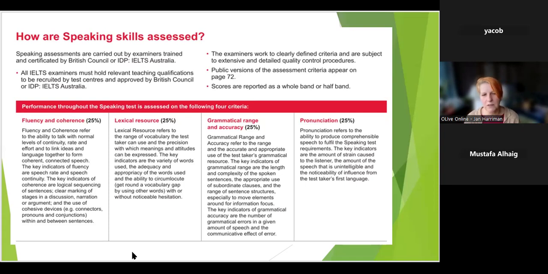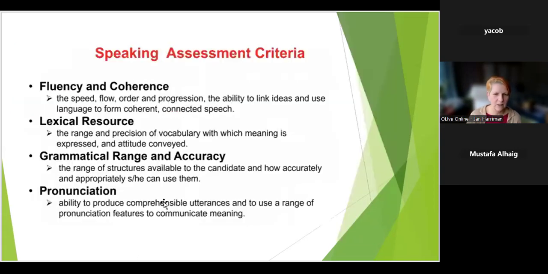Lexical resource refers to your vocabulary. You can stretch on this if you get a little bit wrong. It's not the end of the world. The most important thing throughout all of this is how well you can be understood, right? That's really the key to it all. All right. Can you be understood?